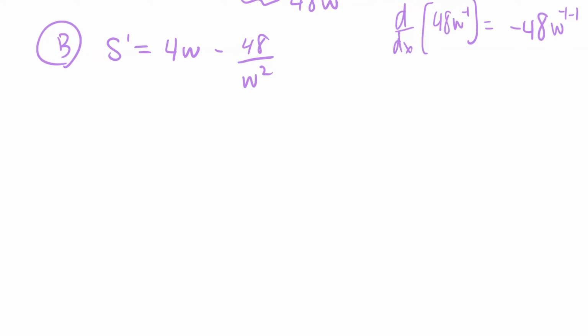Okay, so I have the derivative, and we're trying to minimize. Whenever we're trying to find a max or min, we always set the derivative equal to 0. So set equal to 0. Trying to solve for what W will be.